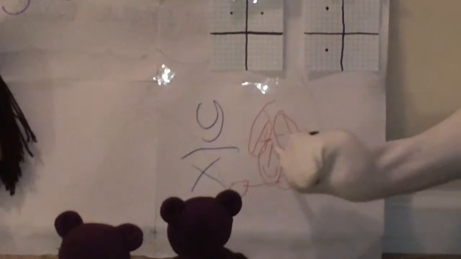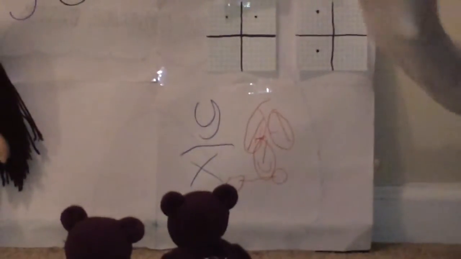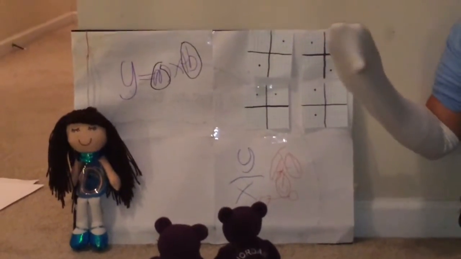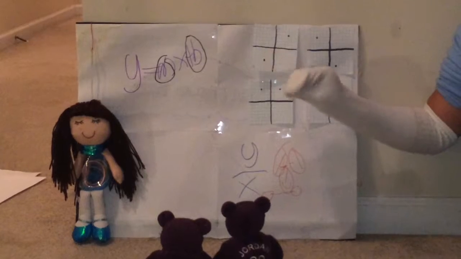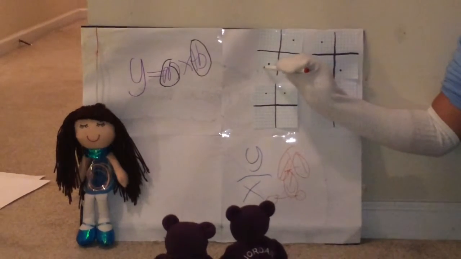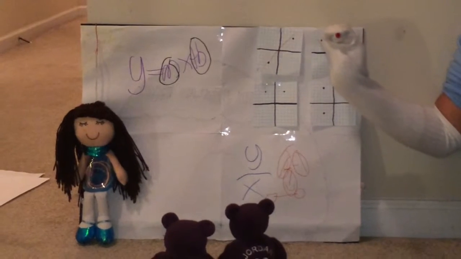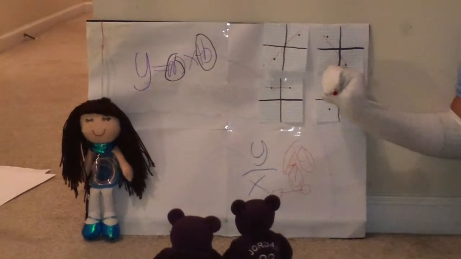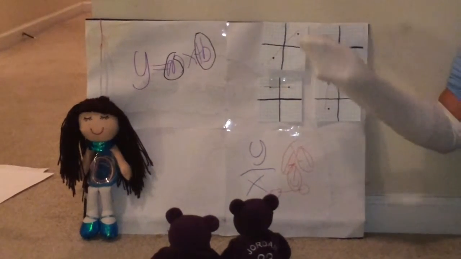This right here is undefined, which can help you remember because of the U. And the bottom one is 0 because of the 2 zeros at the bottom. Now, that is how you remember the 4 different kinds of slope. And don't forget, this slope is positive, this one is negative, this is 0, and this is undefined.